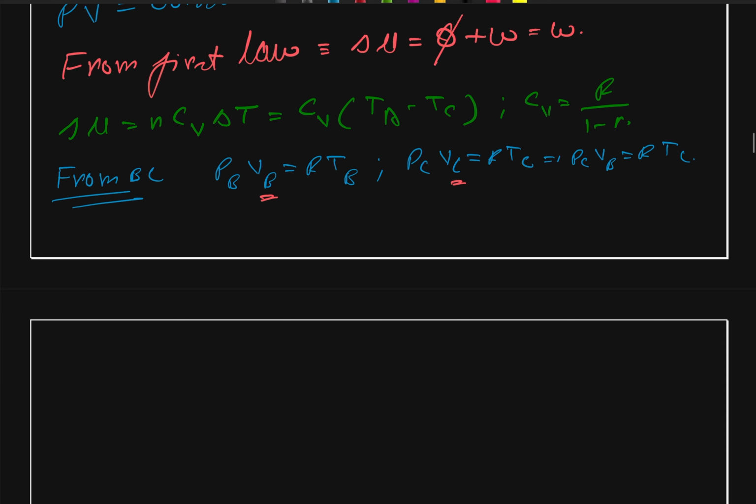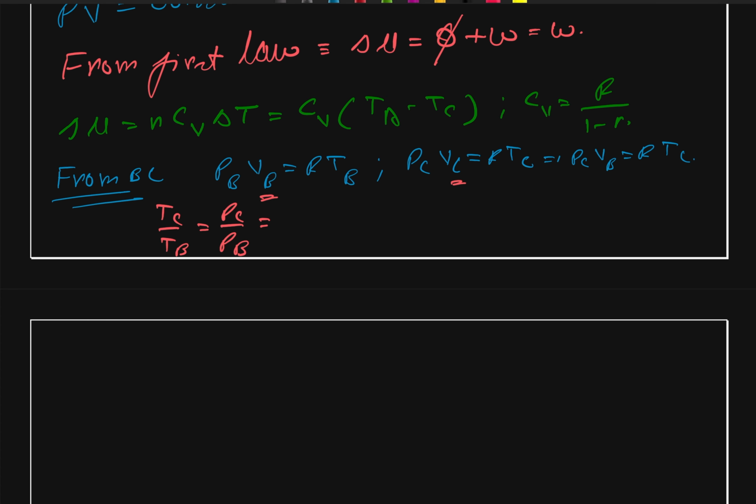So we simply find the ratio. We can say TC upon TB, R and R cancel out, and we get PC by PB.